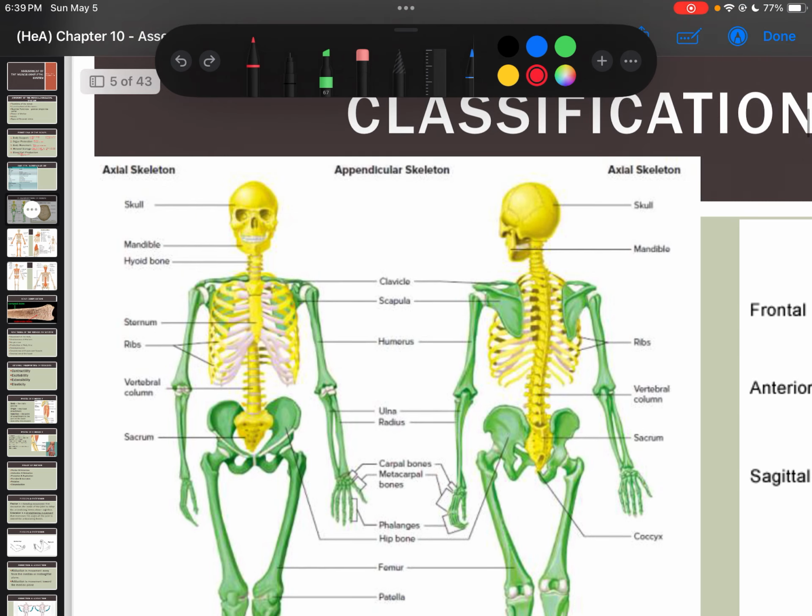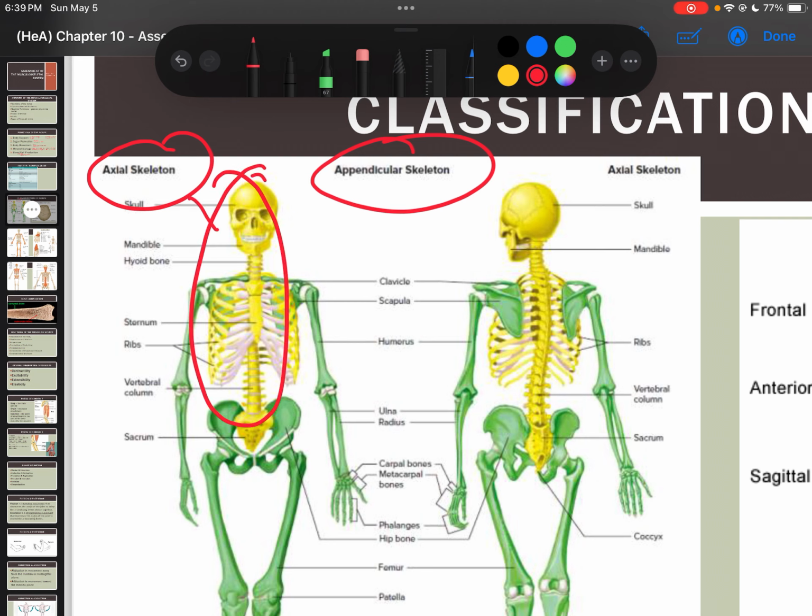Whereas we also have our appendicular, class. It is the one in green. This is mostly our limbs, our left and right arm and left and right leg. Now, our appendicular skeleton is divided into two zones.